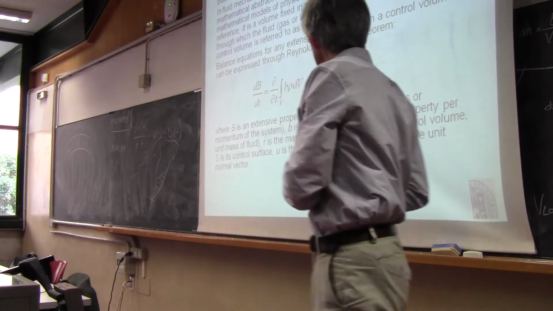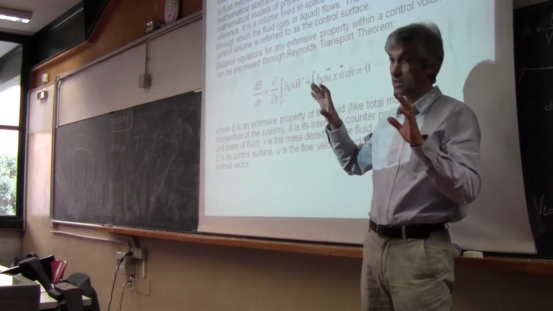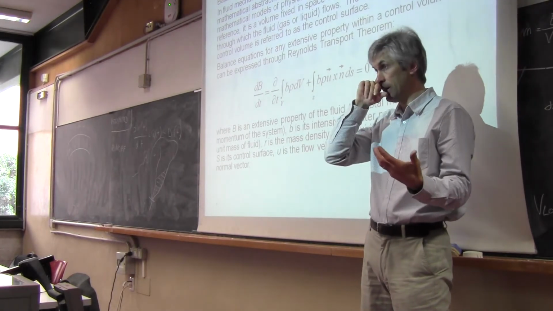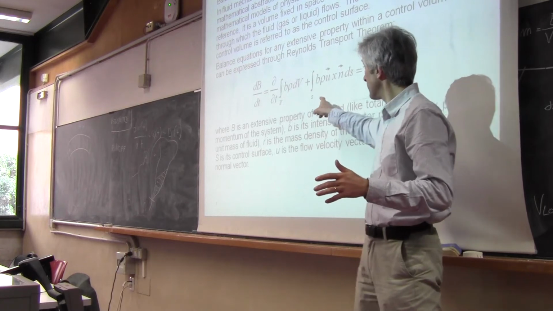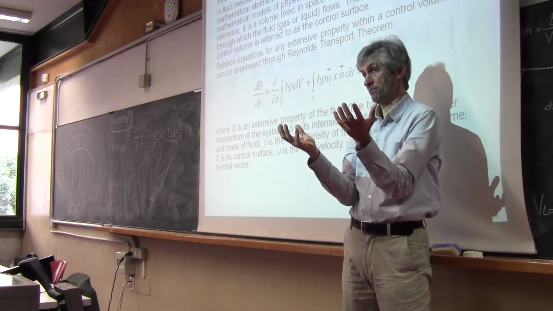Good. Now, let's look at the second term. The second term is representing the fluxes of the considered property through the surface, the boundary of the volume.